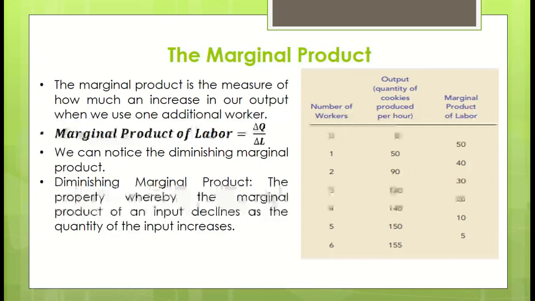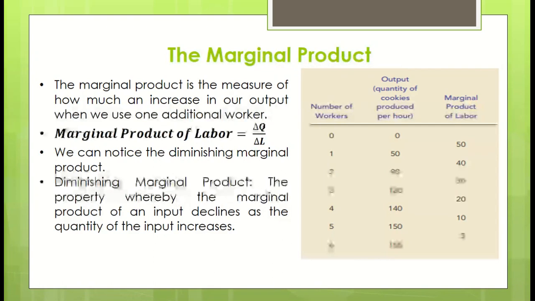So MPL, marginal product of labor, is equal to delta Q divided by delta L, and this delta denotes change. That means change in quantity due to change in labor, or how much quantity changes when you change the number of workers you hired.